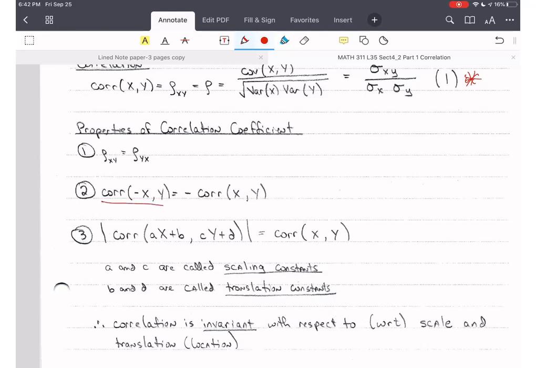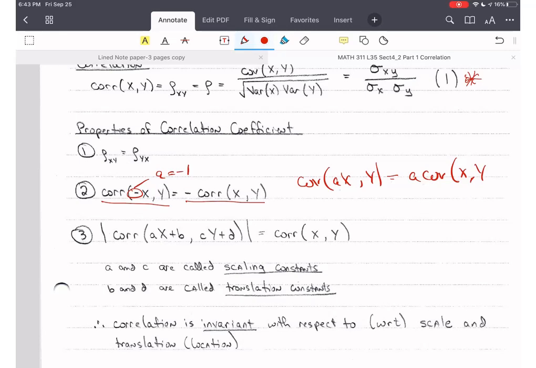The correlation of negative X with Y is equal to negative times the correlation of X and Y. And this comes from the covariance. If I have the covariance of aX with Y, this is a times the covariance of X and Y. Here, a is my negative 1. So it comes out to the front.